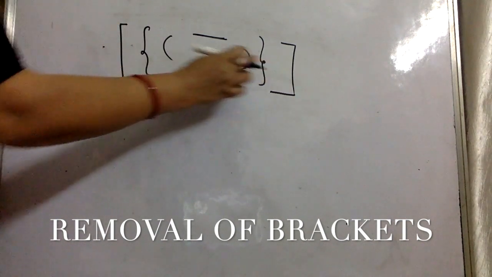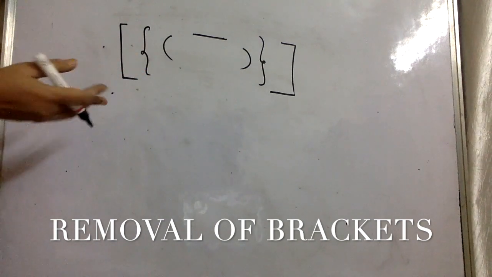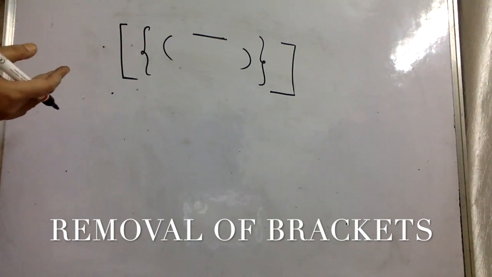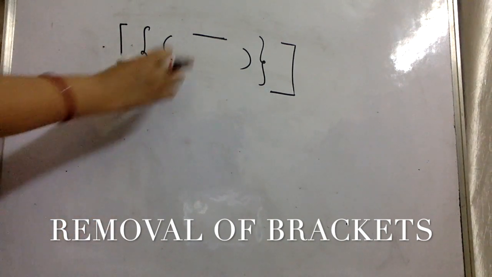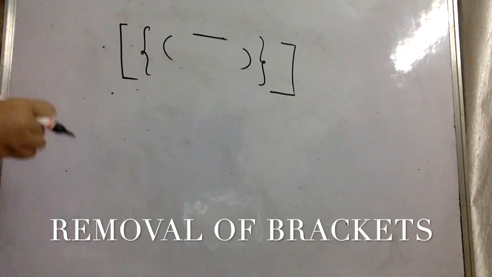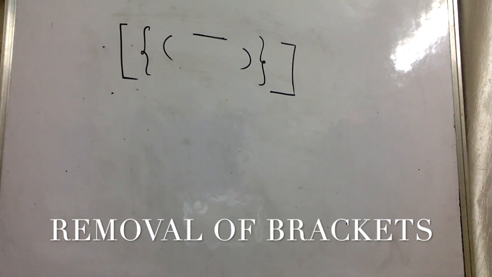Then we start with the square bracket. Okay, so in brackets also, these are the 4 types, and here also we have to follow the sequence. Okay, so first this, then the curly, and then the square. Okay, let me take a sum which will make it little more clear for you.